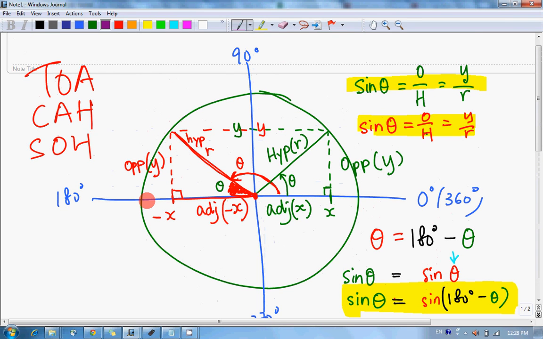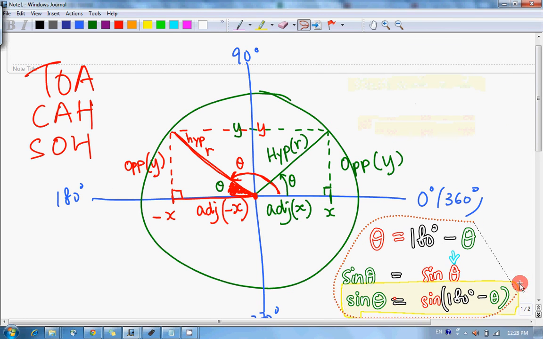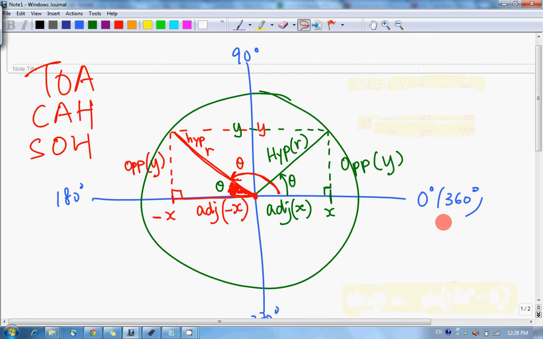A bit messy, but let's erase this. Okay, do the similar thing. If I look at the green color, now if I have cosine theta, so cosine equals adjacent over hypotenuse.